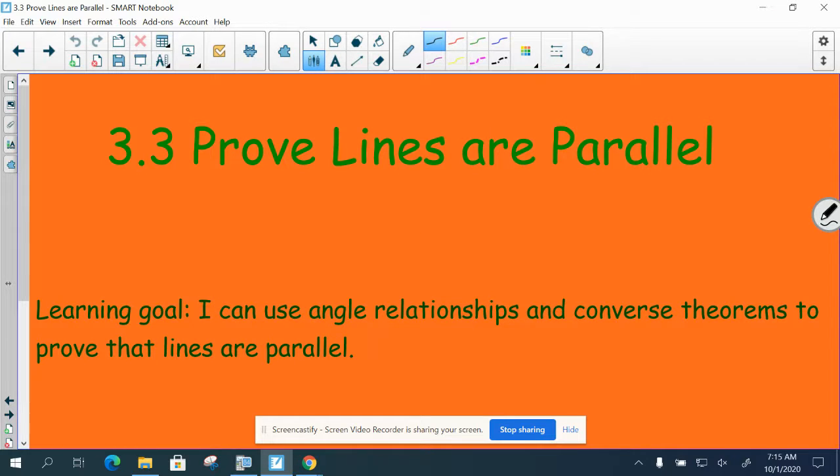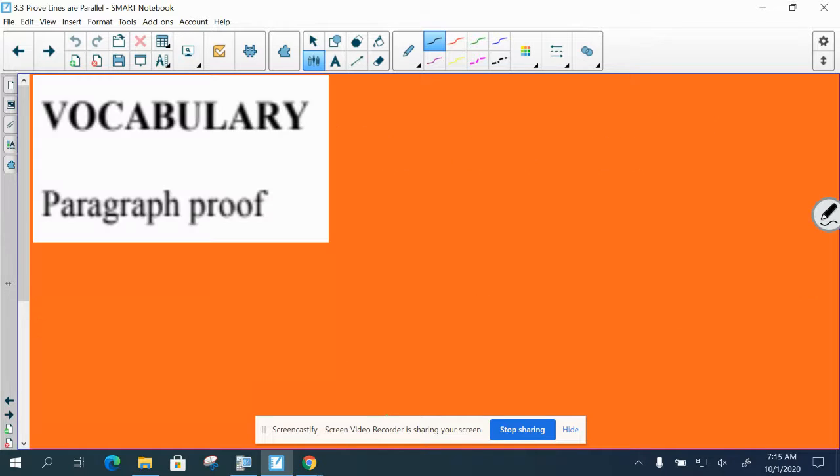So it's the same thing with the other two theorems that we learned about yesterday. And you've already actually seen an example of a paragraph proof, so I just wanted to mention this real quick. A paragraph proof is the same thing as a two-column proof. It's just written in sentences.